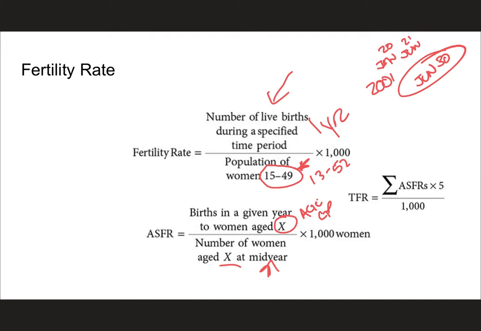According to the Population Reference Bureau, this is the average number of children a woman would have, assuming that current age-specific birth rates remain constant throughout her childbearing years. So it's kind of asking if a woman between 15 and 49, right, how many kids would she have? And that's kind of the estimate.